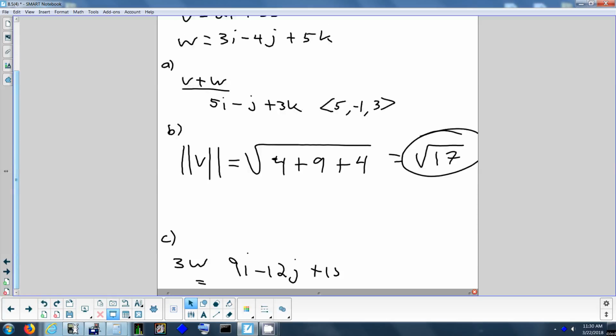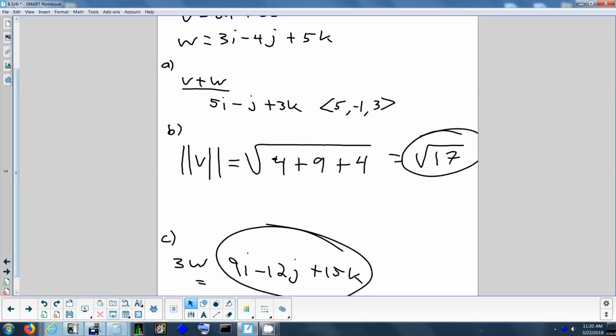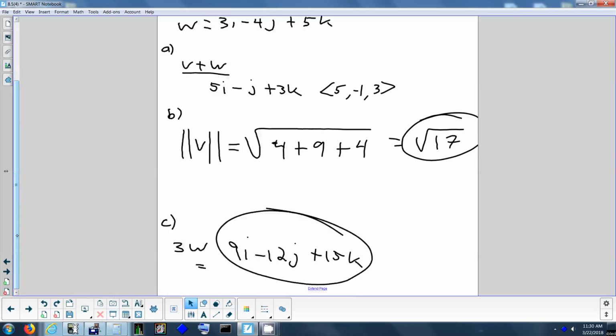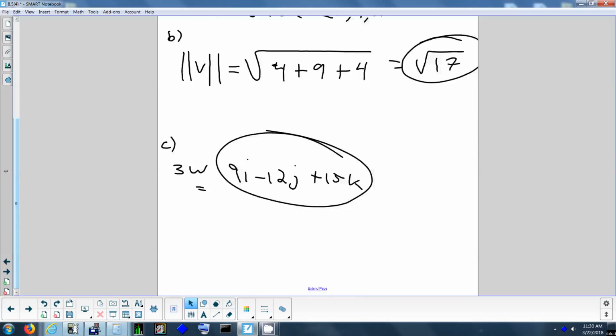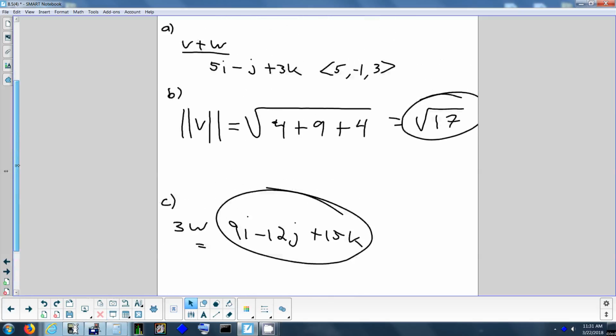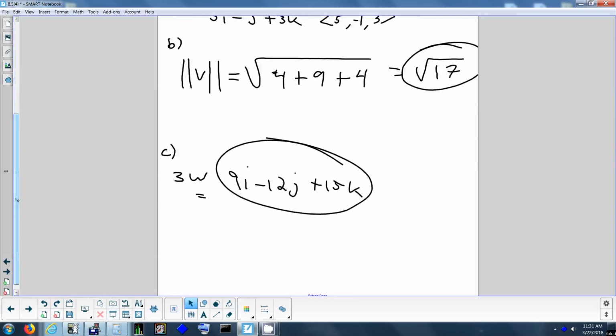Yep, perfect. Any questions on how you would write that with the angle brackets? Okay. Any questions on adding, subtracting, scaling, or magnitude in 3D?